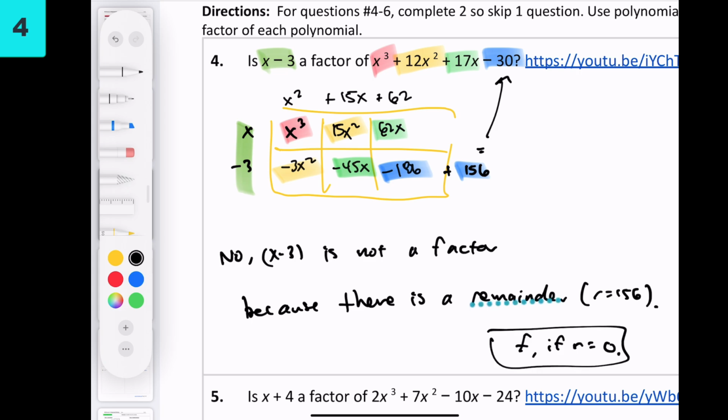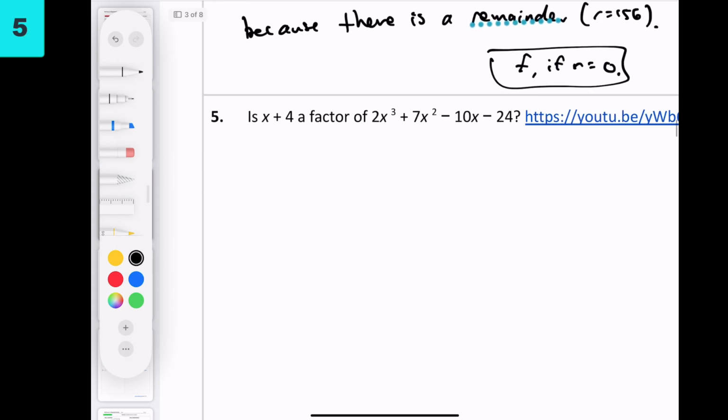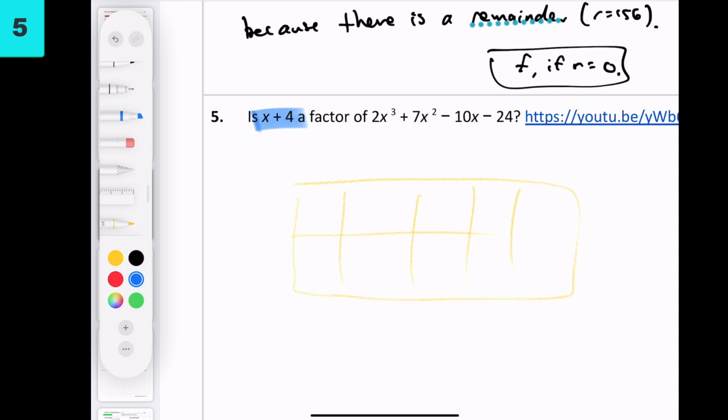Okay, let's try question number 5. Put the binomial here, the divisor on the outside. This one's going to go right there.